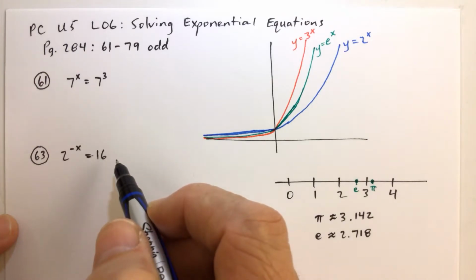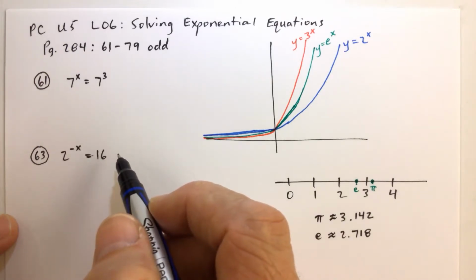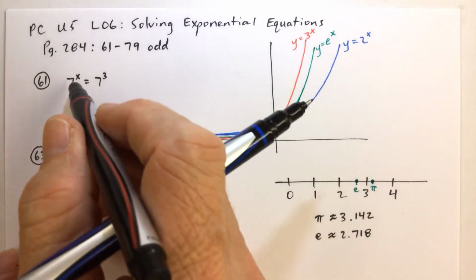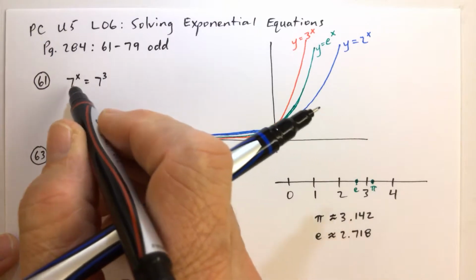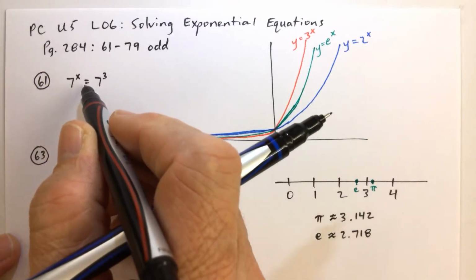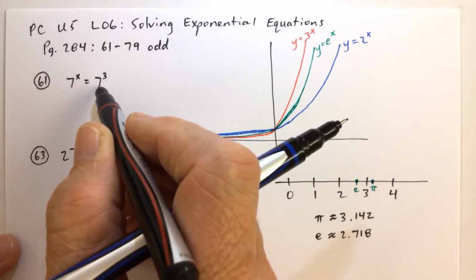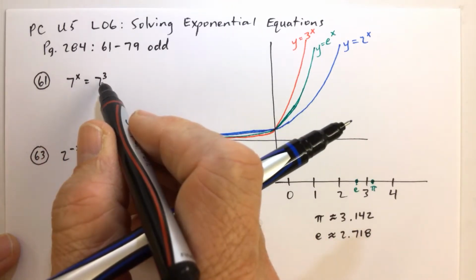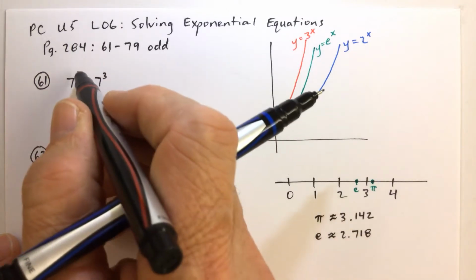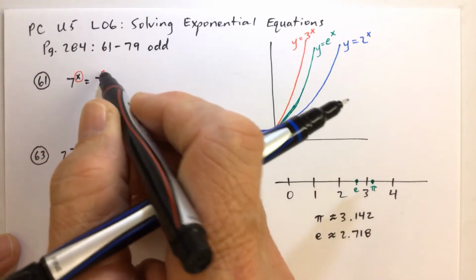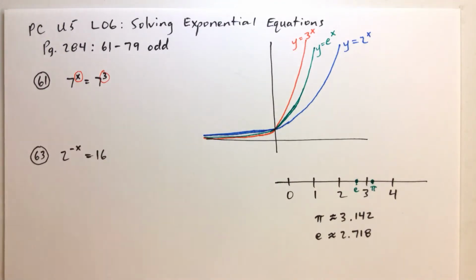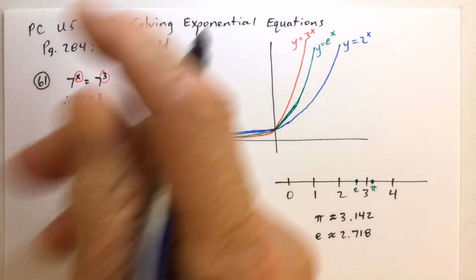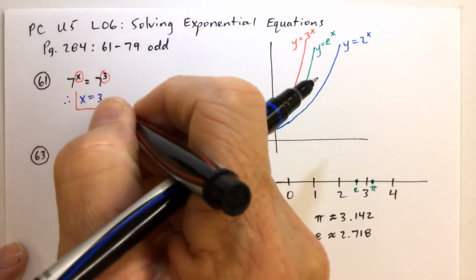When we have an exponential equation, the one thing that's nice is that if we can create a situation in which we have a base on one side of the equal sign that's the same as the base on the other side, the only way that this equation would be true would be if the exponents are equal to one another. So we would say, therefore, x is equal to 3, and that's it. There's no work necessary for this one.